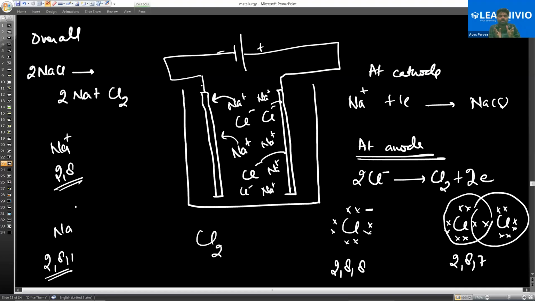For example, sodium ion will get converted into sodium solid, like in the previous cases. Actually, when we are converting ions into their solid form, we need to transfer electrons. And transfer of electrons for highly reactive metals is only possible by electricity, by using cathode and electrolytes. That's why for highly reactive metals, we use electrolytic reduction.